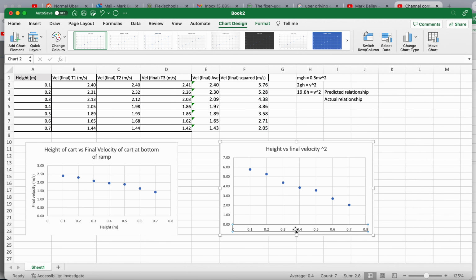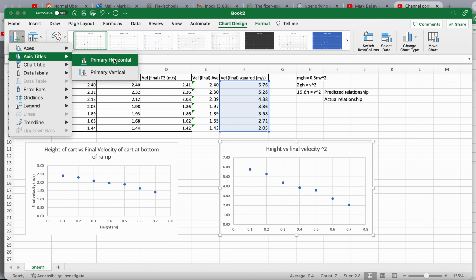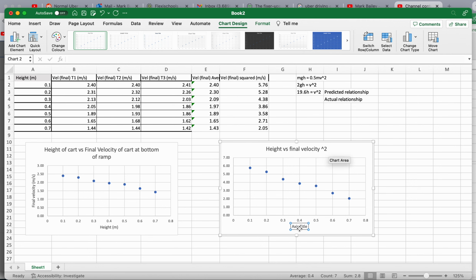Then you're going to need the axis titles: horizontal for the x-axis, which is going to be the height in meters.